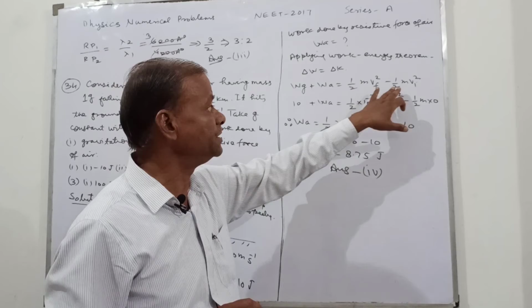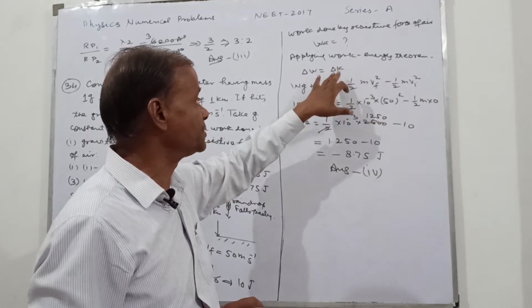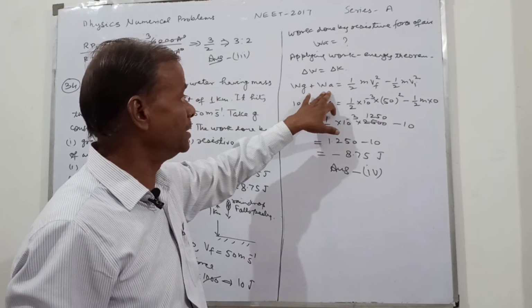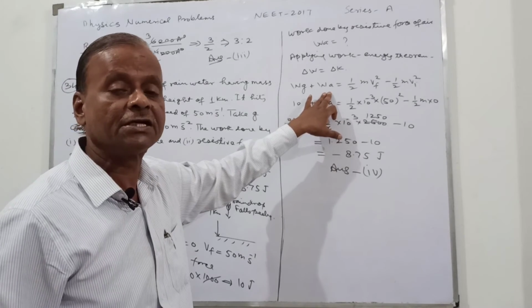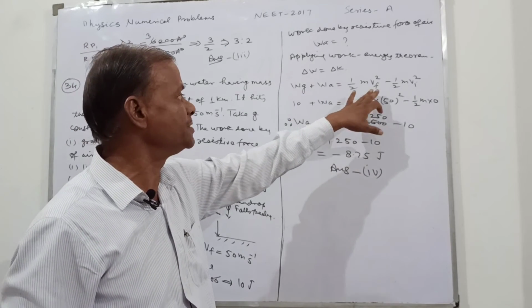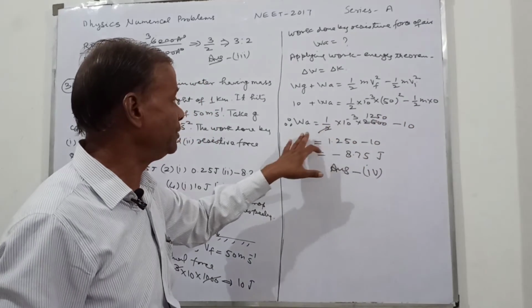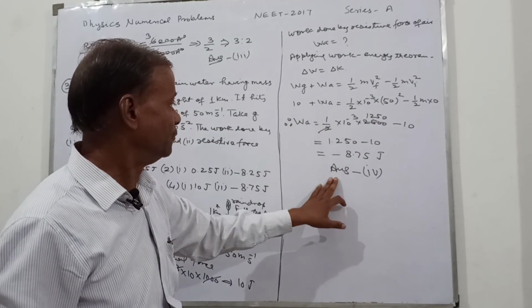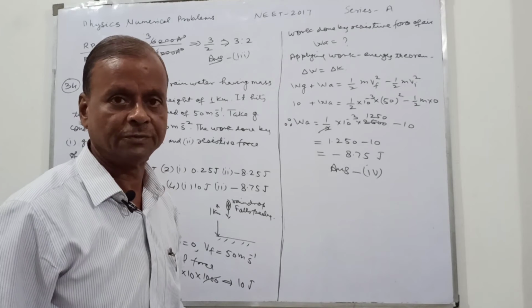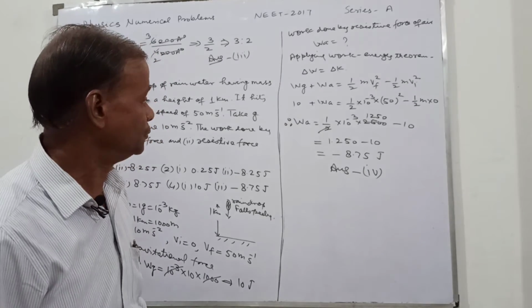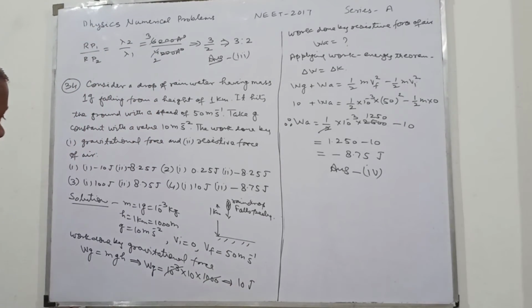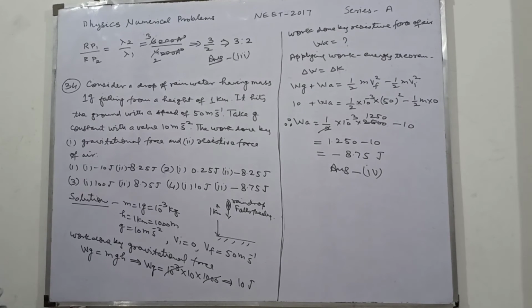The theorem states that the work done is equal to the change in kinetic energy, that is, the final kinetic energy minus the initial kinetic energy. Then you calculate and find the answer. So this gives you the 34th question.